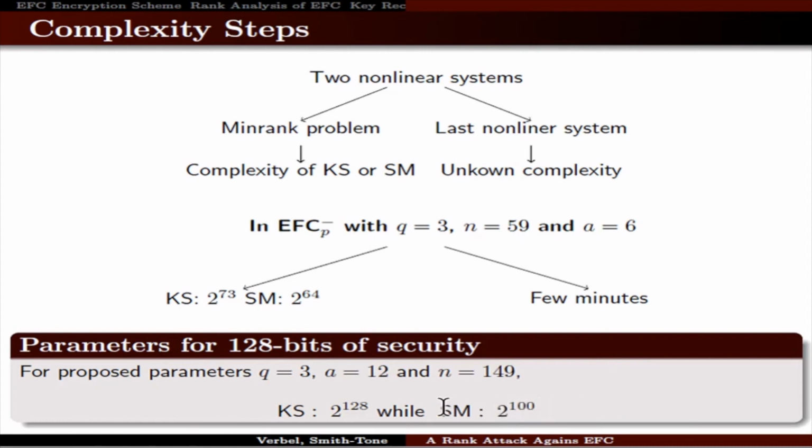So we have to increase our parameters a little bit more to get 128 bits of security for extension field cancellation.